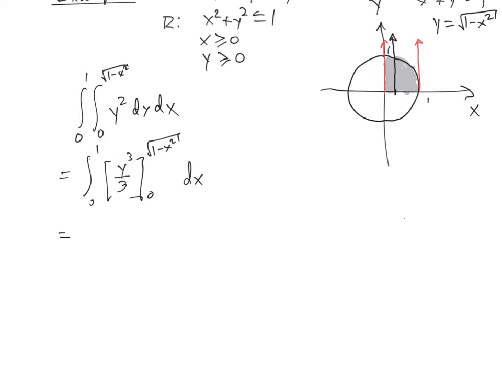So you're going to end up with 1/3 times the integral from 0 to 1 of the square root of 1 minus x squared, raised to the power of 3, dx. Okay, that starts to look like a complicated integral. But all is not lost just yet.